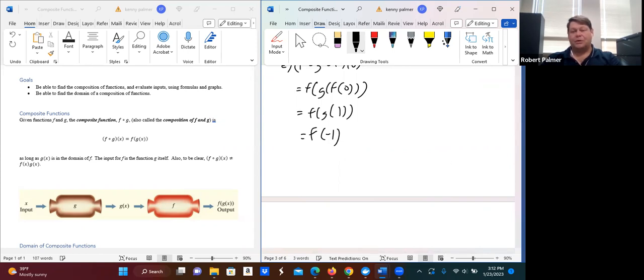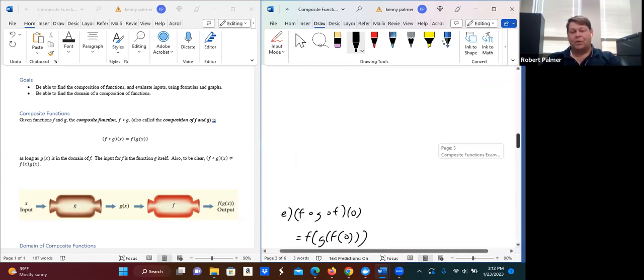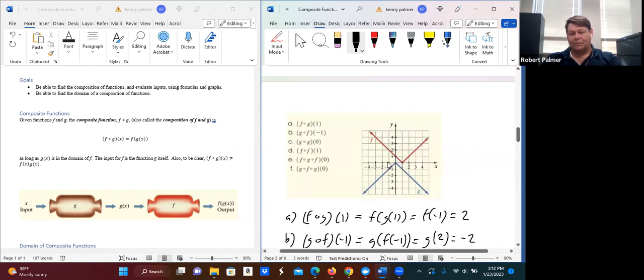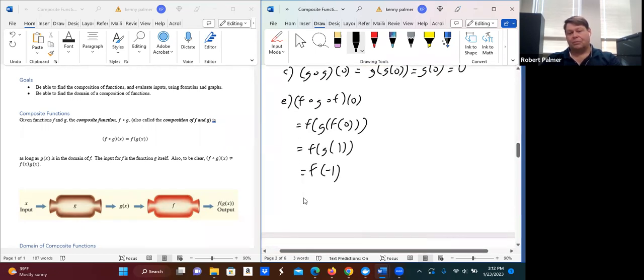Then one last evaluation to do. f of -1. So when x is -1, we go up the red curve, which is f, y is 2. Okay, so f composed with g composed with f of 0 is just 2.